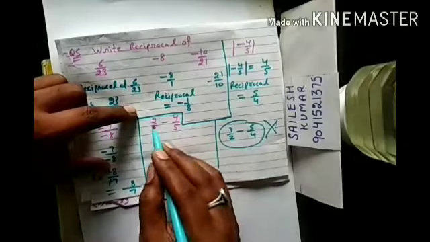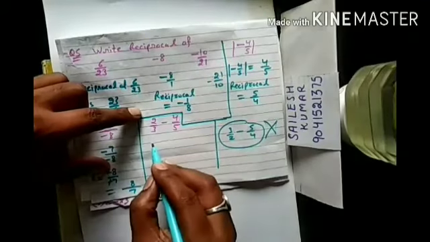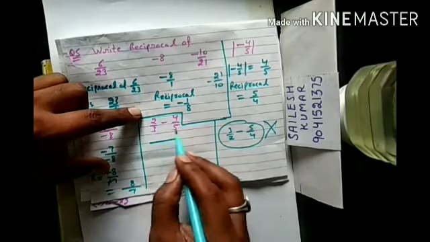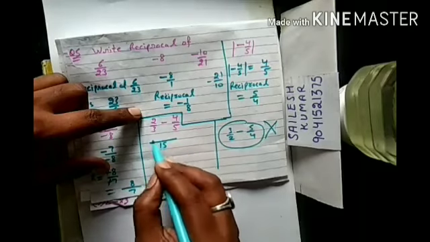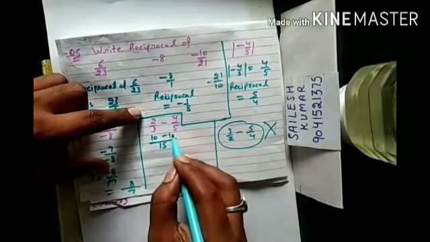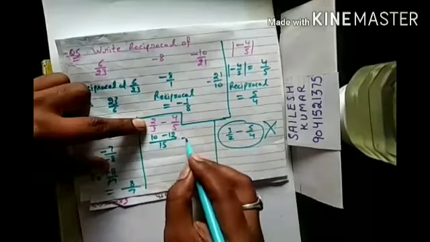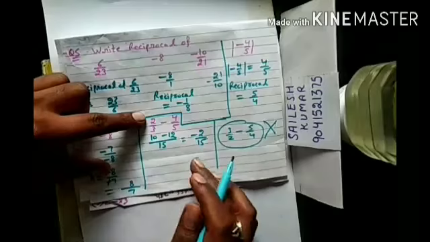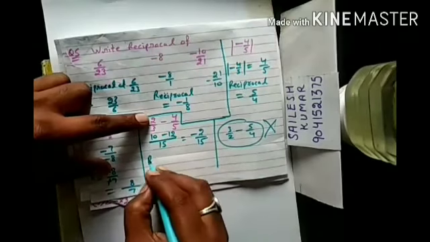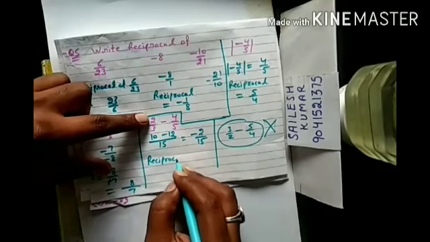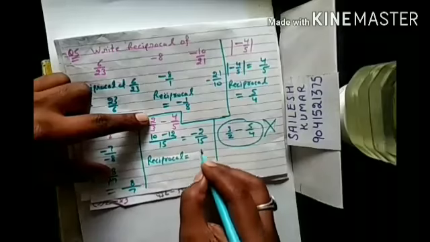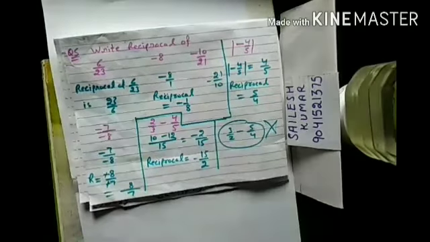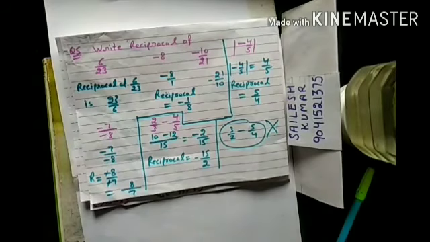Now two rational numbers are there, therefore we will adopt the cross multiplication method. 3 into 5 is 15, 5 into 2 is 10 and 3 into 4 is 12. Now the answer is minus 2 over 15. Now we will take the reciprocal of this value. The reciprocal is equal to 15 over minus 2. In this way we can find the reciprocal of any rational number.